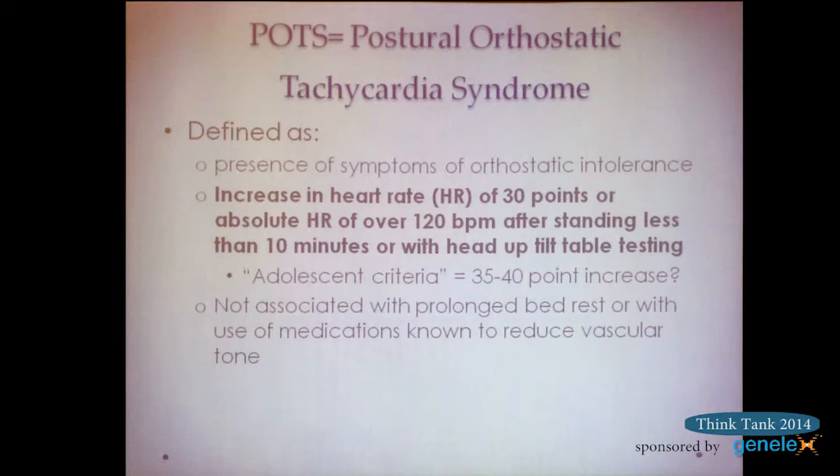I think that sometimes is a bit controversial in my practice, especially when you have patients who clearly have orthostatic intolerance and maybe they don't reach that criteria when they're evaluated. POTS cannot be associated with prolonged bed rest or with the use of medications known to reduce vascular tone. And this also becomes very tricky when dealing with some of our chronic patients who get referred.